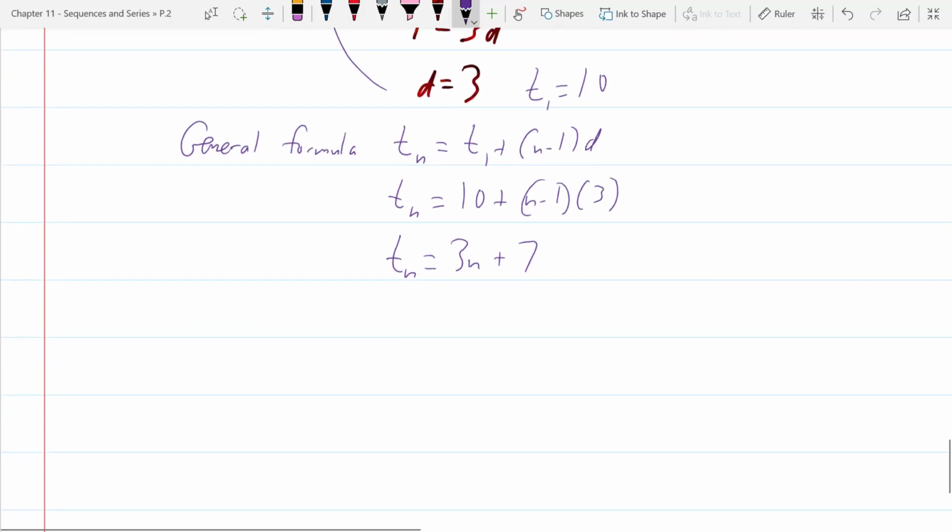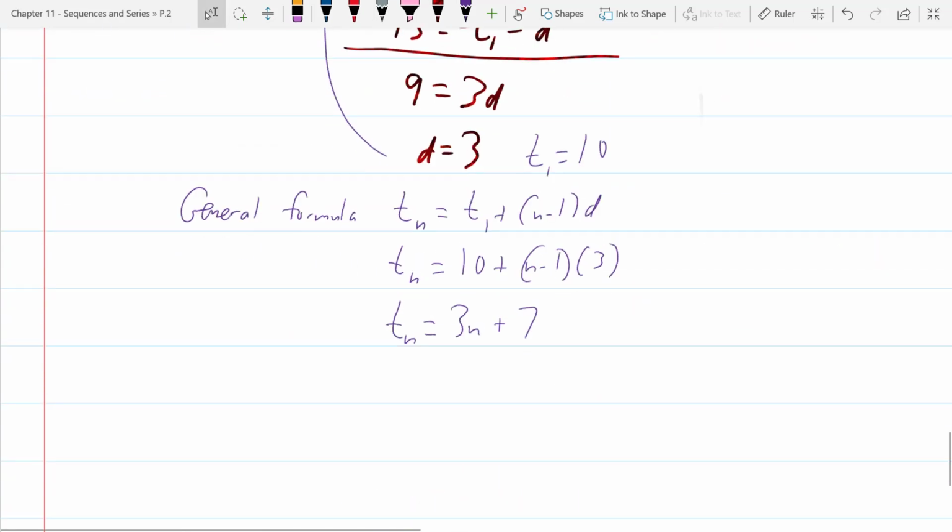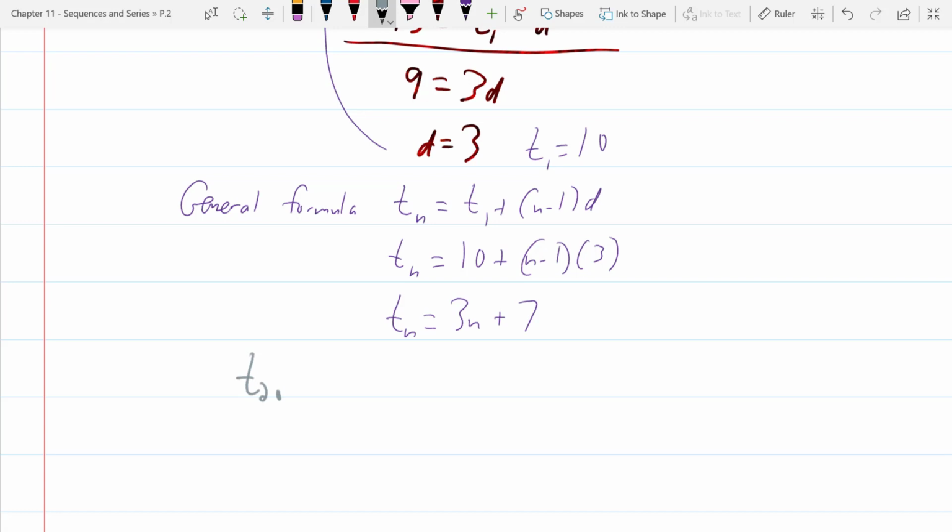A lot of work just to get the general formula, but now I can answer any question it wants. It wanted T of 20. T of 20 is equal to 3 times 20 plus 7, which is 67.